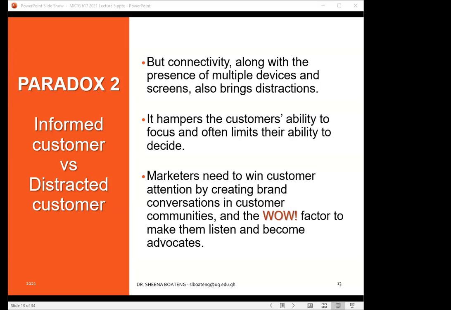So what can we as e-marketers do? We need to be able to win the customer's attention and get them to focus on us as a brand and our products and services. And how do we do this? We need to do this by creating unique conversations in customer communities about our brands, because we know they are searching for information, and this information is coming at them from all manner of sources, all at the same time.